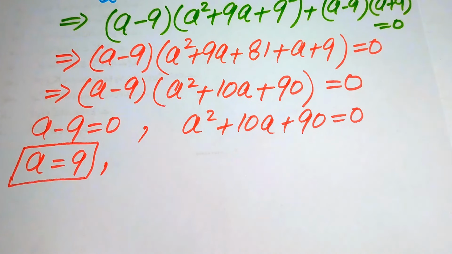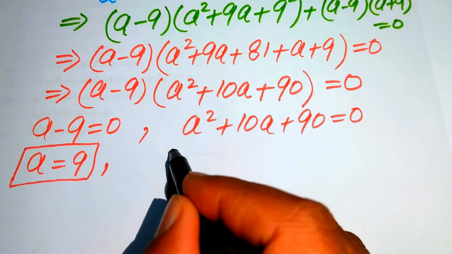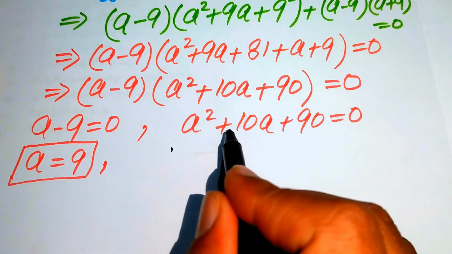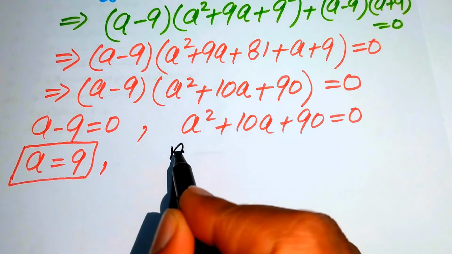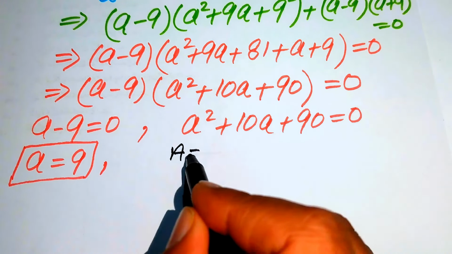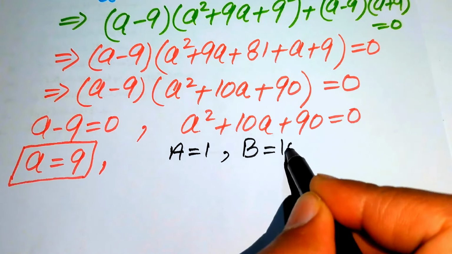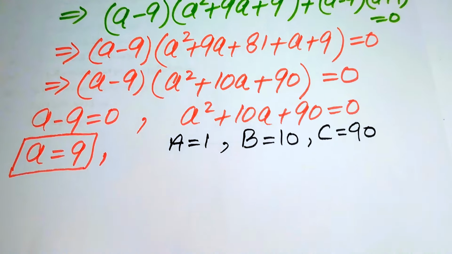Here we use the quadratic formula in order to solve this equation. First we write the coefficients of this equation. Since we have already used a in this equation, we write its coefficients in capital letters. So we have capital A equals 1, capital B equals 10, and capital C equals 90.